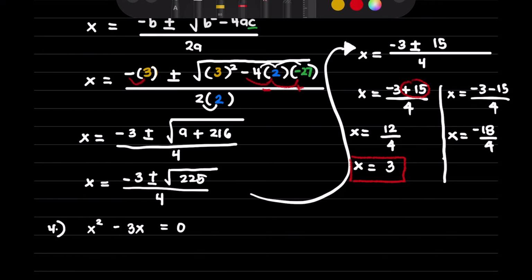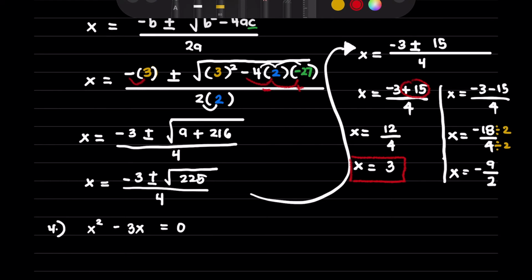So, 18 divided by 4, hindi siya divisible by 4. So, ang gagawin na lang natin dyan is lowest term na lang natin. So, i-divide natin to ng by 2. So, 18 divided by 2, that is 9, negative 9 over 2. Kasi 4 divided by 2, that's 2.